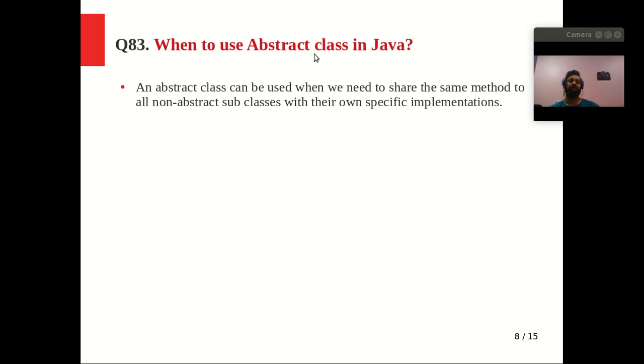When to use an abstract class in Java? Let's say there is a situation where we don't fully know the implementation, but partially we know the implementation, right? In a real world example, I am a civil engineer, and I am now building a mall.